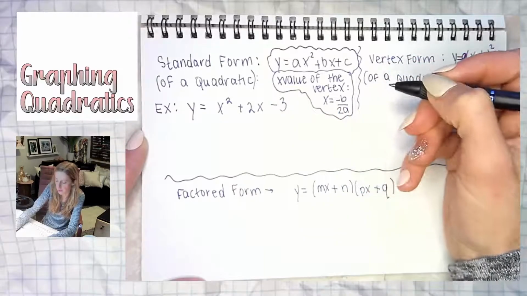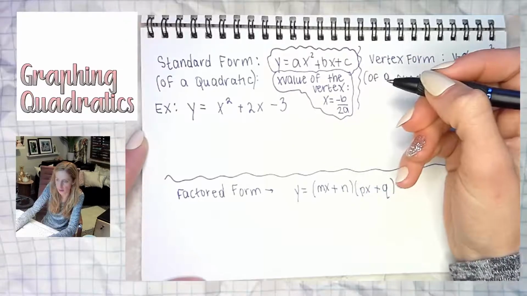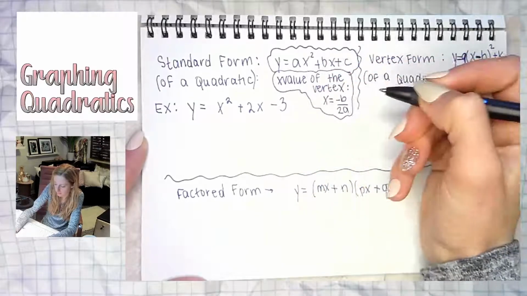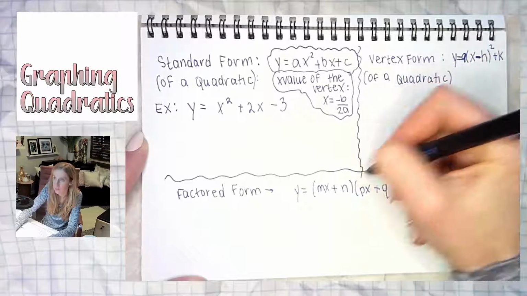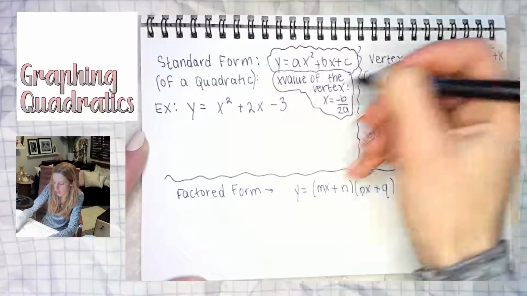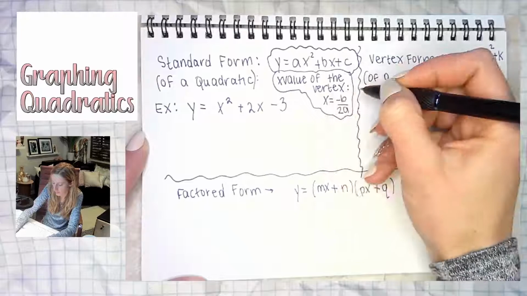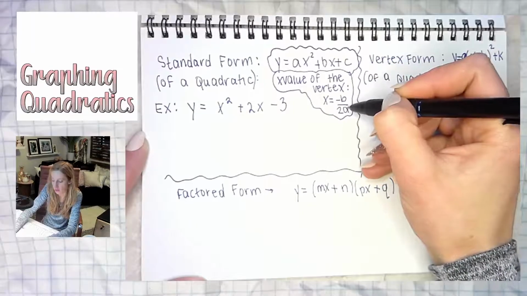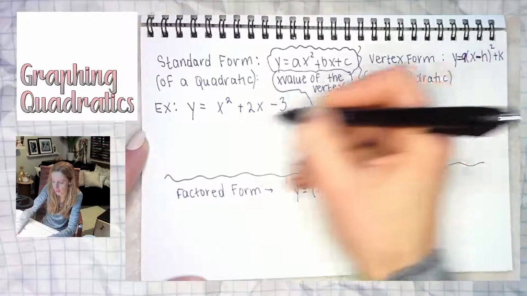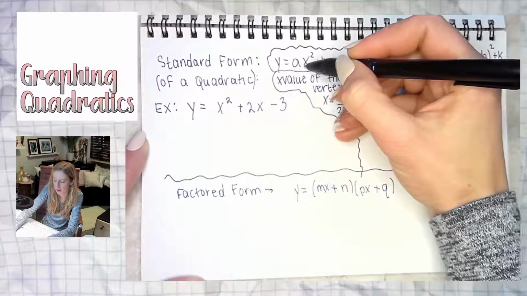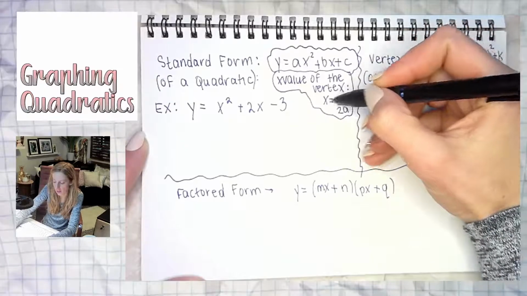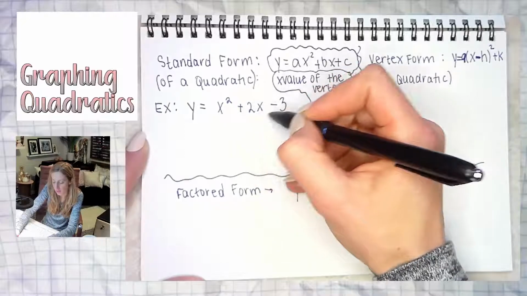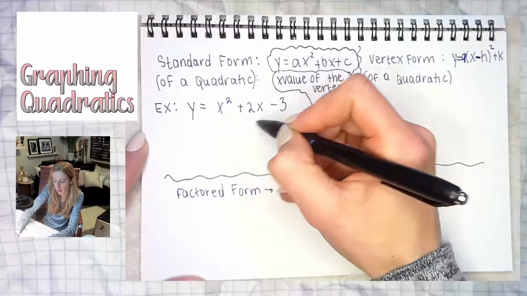You could type that number into the chat if you write it out in your notebook. Take your time. If this is the formula for the x value of the vertex, and this is the example, that's where A, B, and C can be found. What is the x value of the vertex of this equation?